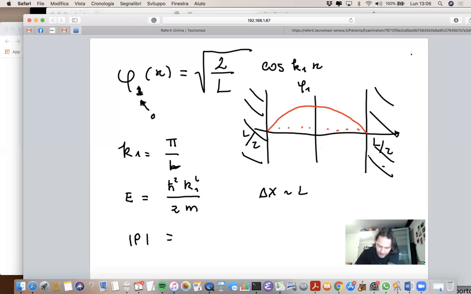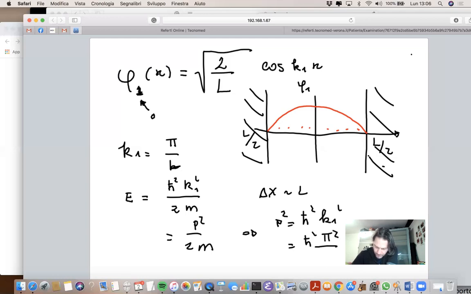If I interpret this as p squared over 2m, then I must conclude that p squared is of order h bar squared k1 squared, which is h bar squared pi squared over L squared. Based on this, I'm led to think that the typical size of the momentum is of order h bar pi over L, in the ground state.